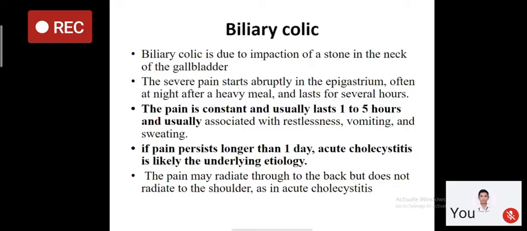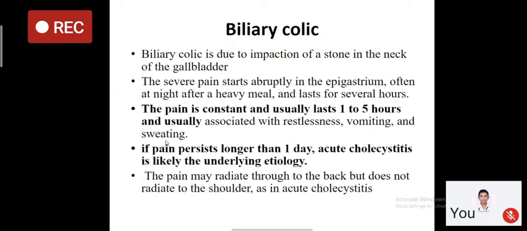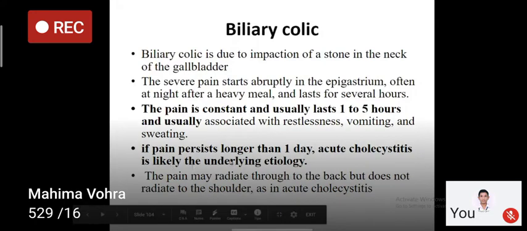That is, the patient will have severe pain starting abruptly in the epigastrium, often at night after a heavy meal, and lasting for several hours. The pain is constant and usually lasts 1 to 5 hours, usually associated with restlessness, vomiting, and sweating. The pain is so severe in biliary colic that the patient will be restless, with nausea, vomiting, and sweating. If pain persists longer than 1 day, acute cholecystitis is likely the underlying etiology.